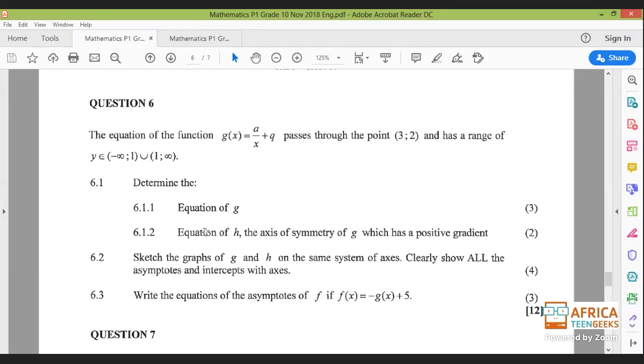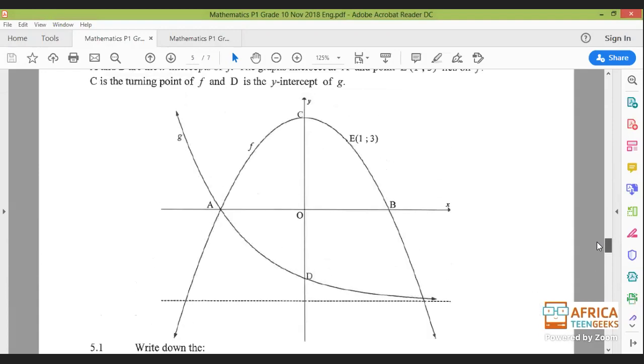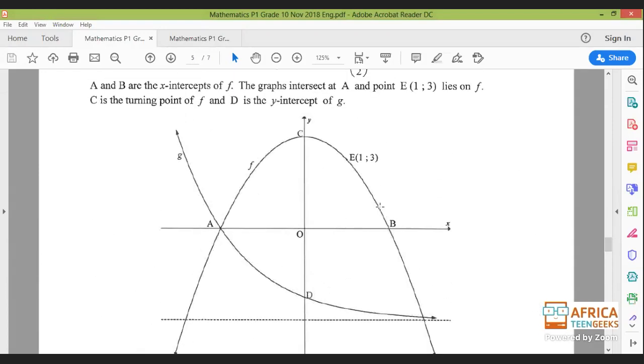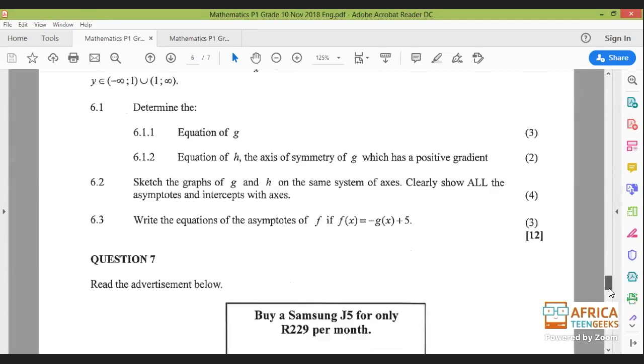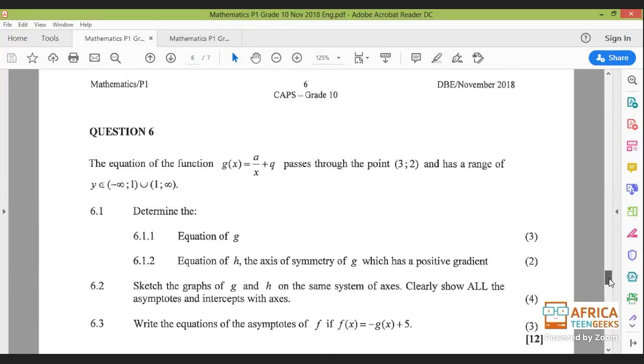So basically they're saying, take your hyperbola graph and your straight line graph and draw them into one Cartesian plane. Basically they want something like this. They want your two graphs to be drawn in one cross. We call this cross a Cartesian plane, boys and girls, right? So I need to show you how to draw the graph, guys.